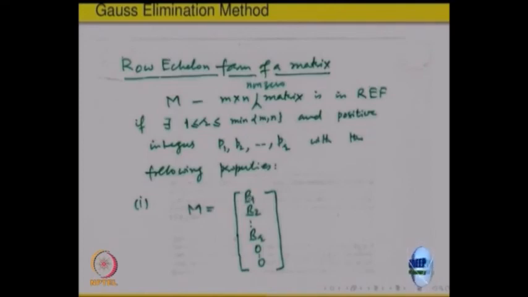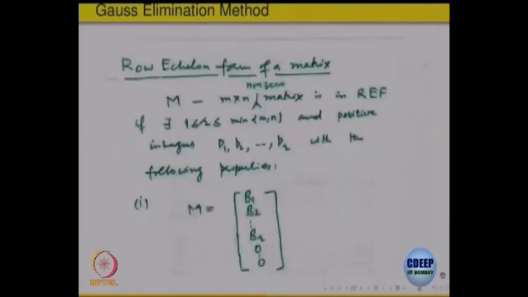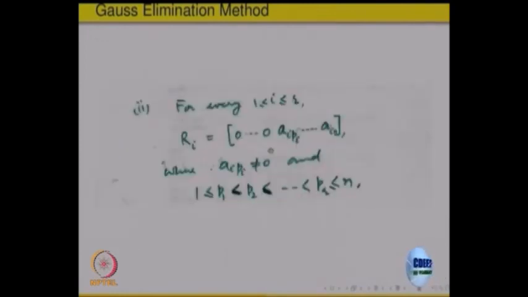So, R tells us how many rows are non-zero, the bottom rows are 0, and each row which is non-zero is described by the numbers Pi. For the ith non-zero row, look at the column where the first non-zero entry is coming.